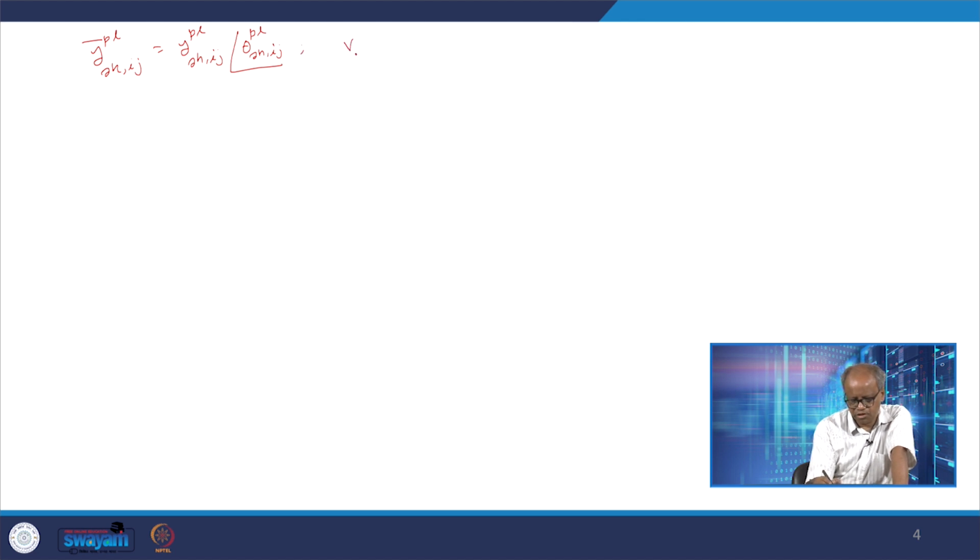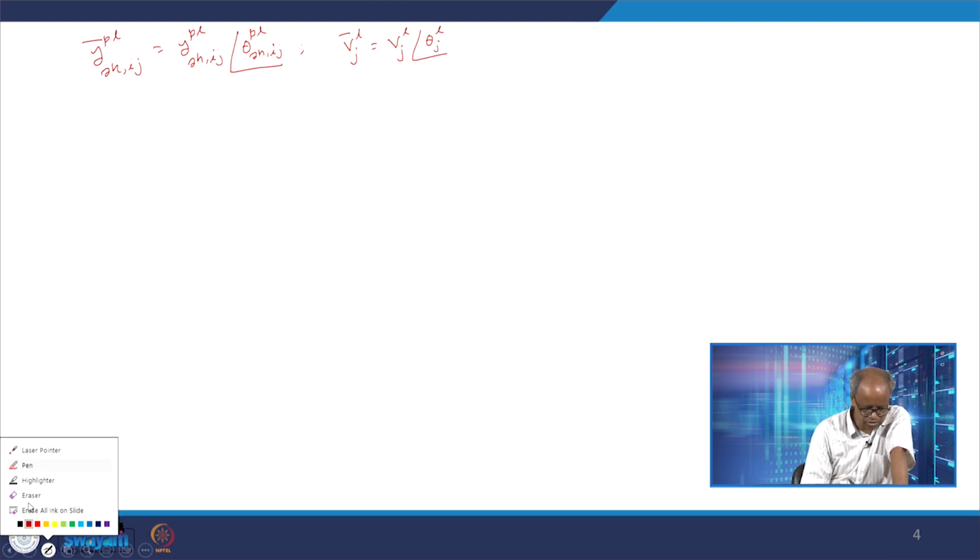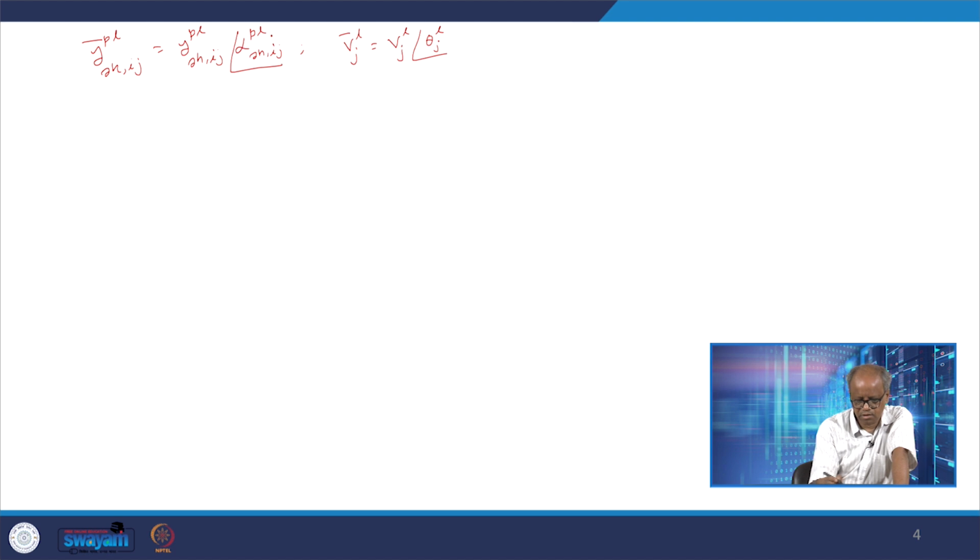And VJL, this is also a complex quantity, will have a corresponding magnitude VJL and angle theta JL. I have taken a bad notation; this notation will be better: alpha shunt IJPL, and all these voltage angles are denoted as theta.